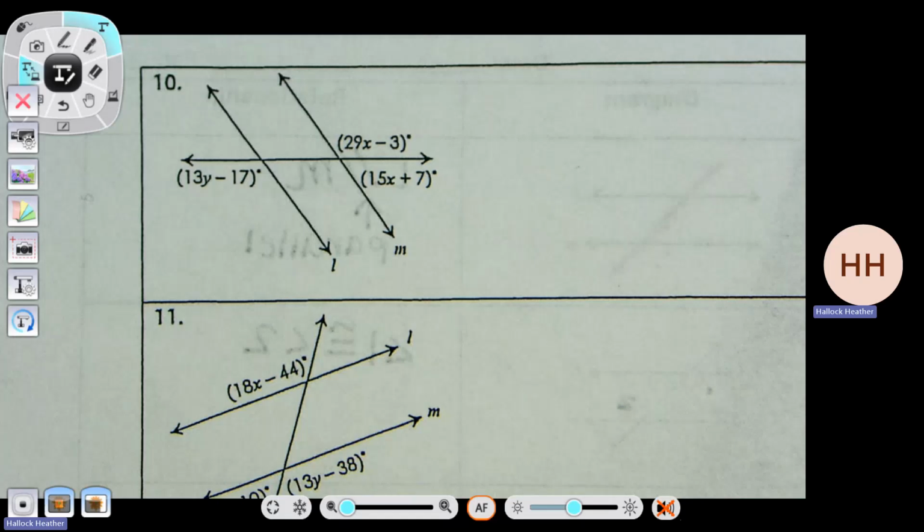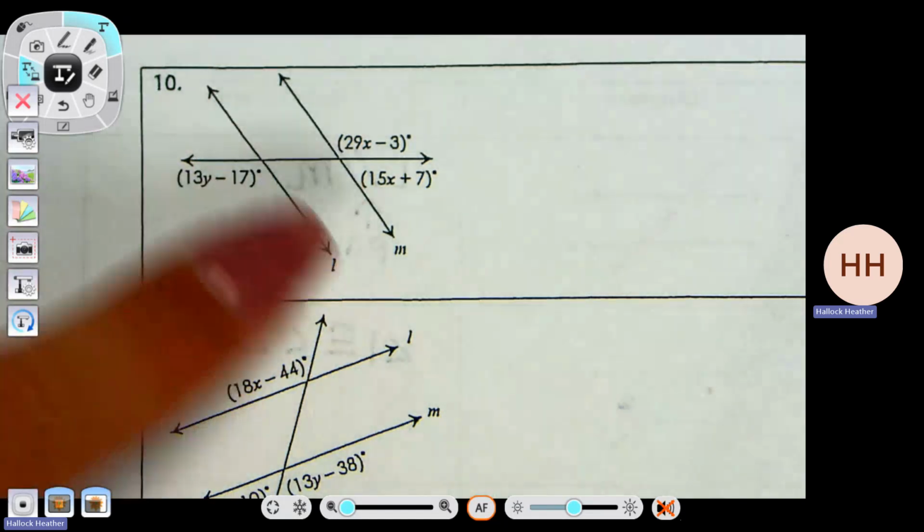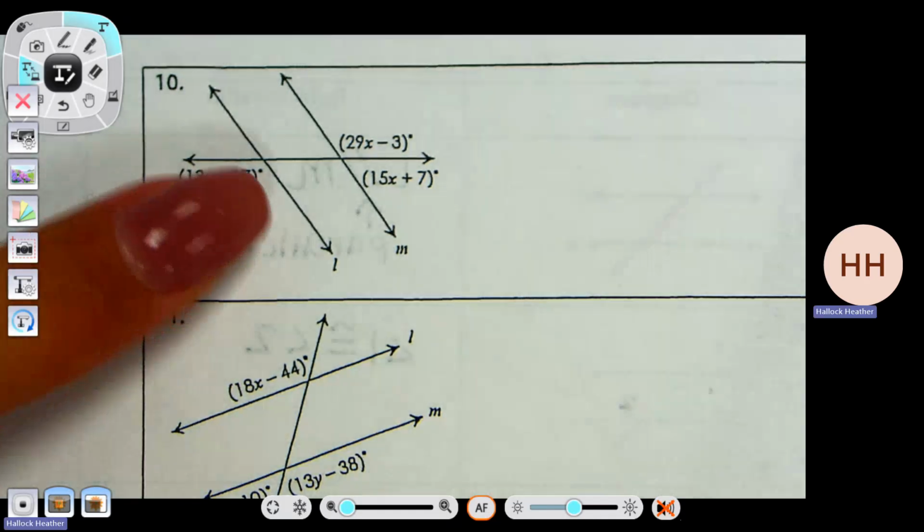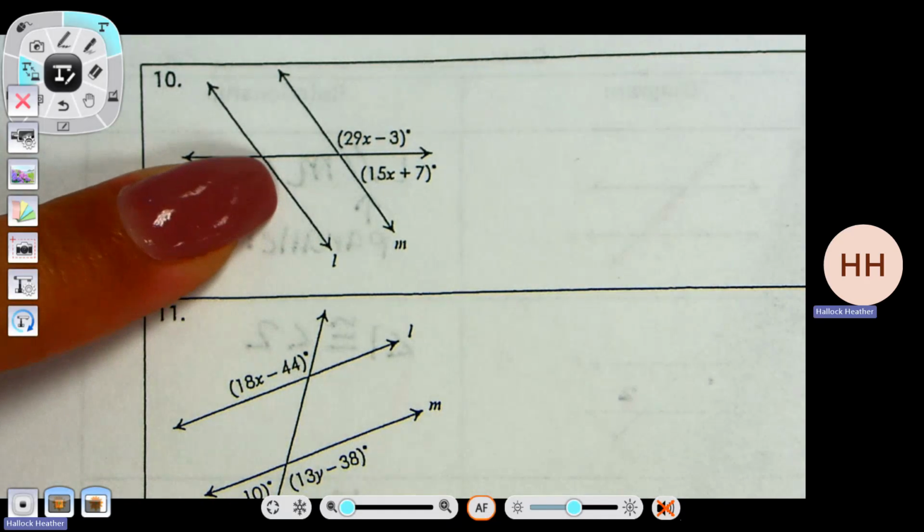You're not worried about the vocabulary for number 9, 10, 11, and 13. It says if L is parallel to M, find the values of X and Y. It does not care about the vocabulary because there's more than one thing going on. So when you have X's and Y's, you always worry about what you have more of first, whether it's Y's or X's. In this case, what do I have more of? X's. So disregard Y, completely pretend like he doesn't even exist.